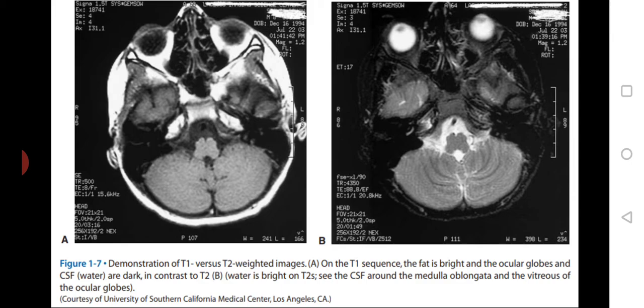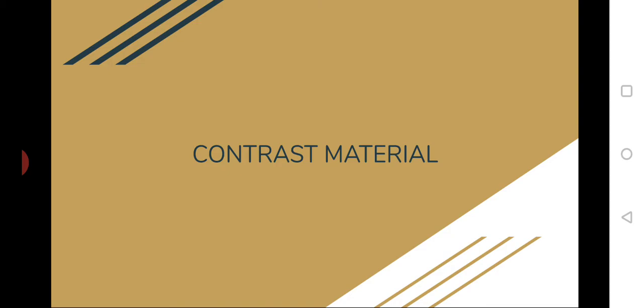So, let's go on. Contrast material. What is the contrast material? The contrast material is something that we give to the patient, inject, give orally, it doesn't matter, in order to get more details from the picture that we are looking at. Why is it important?